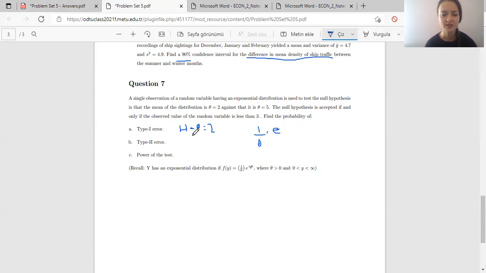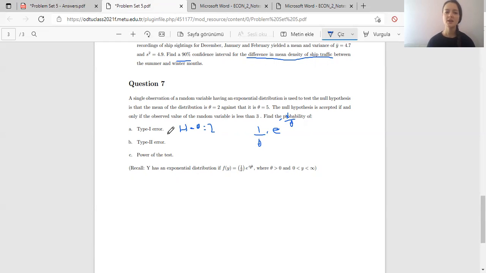This null hypothesis, theta is 2, is accepted if the observed value of the random variable is less than 3. I mean, if our x is less than 3, then we are accepting theta is 2, okay?